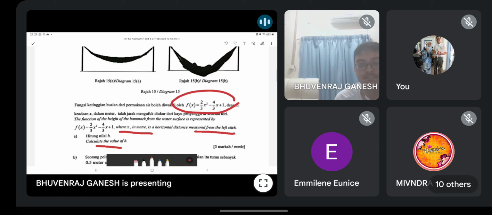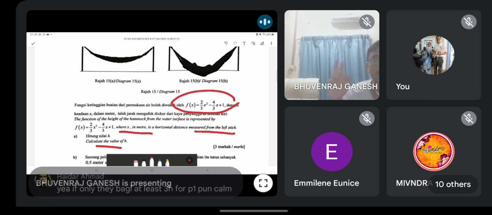Am I right guys? Everyone can finish the paper if there is no time limit. Because kamu boleh ambil masa buat satu soalan, pasti semua boleh jawab semua soalan. Am I right? But you have 2 hours. Okay, so that's why it make you rush. Dan soalan tak susah, nampak susah. This is the problem.